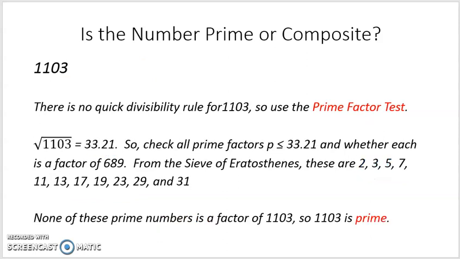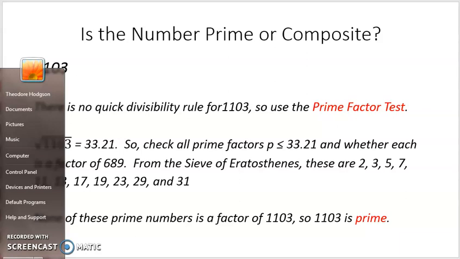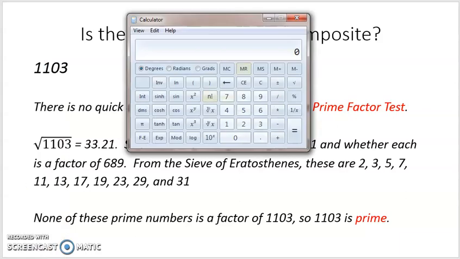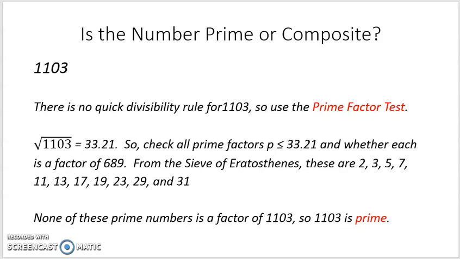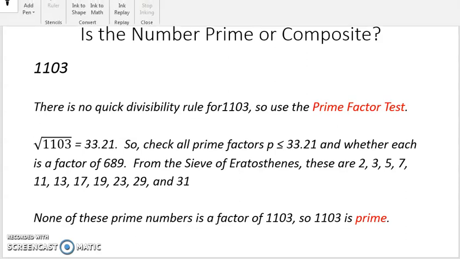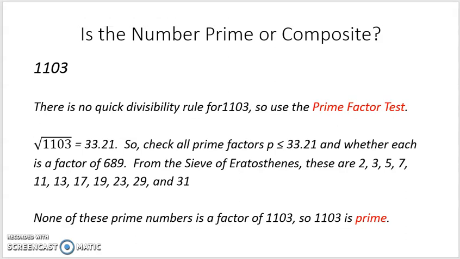The last number to check is 1103. Are there quick divisibility rules for 1103? Off the top of my head, I don't know them. I know, for example, that that number is not divisible by 2. I know that 1103 is not divisible by 3 because 1 plus 1 plus 3 equals 5, and that's not divisible by 3.